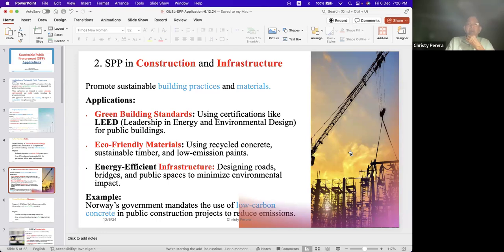So, using recycled concrete. Recycle means now concrete. Now I faced a problem with concrete. I had to do some house renovations, and in some rooms I had to break the plasters and everything. So a lot of concrete.